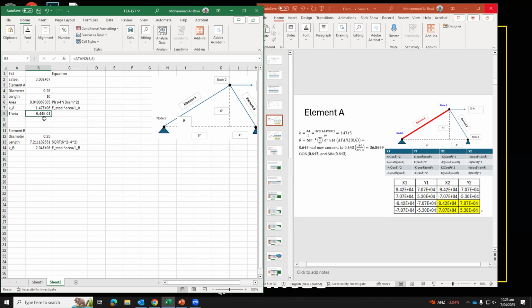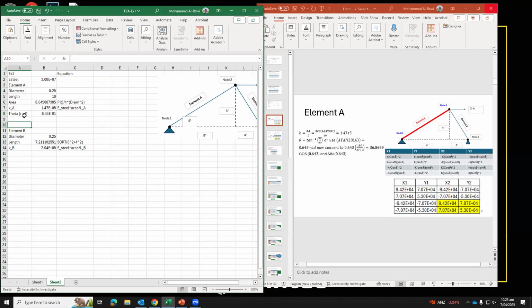That is reading in radians. So I'll put here to make people understand what we've done, the theta in radians. And the equation we used here, very simply, I'll type it next to it so you can see that command, ATAN2 of 8,6.